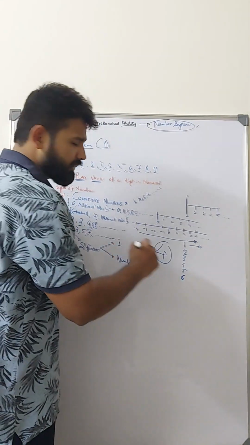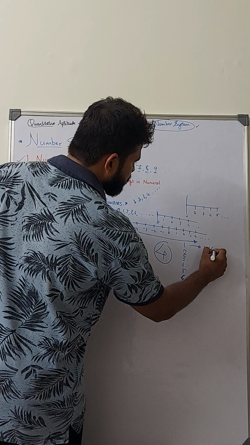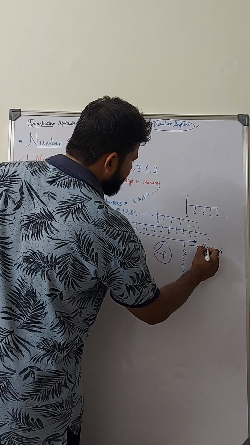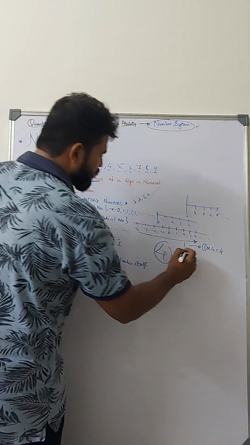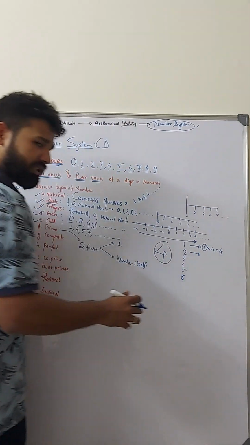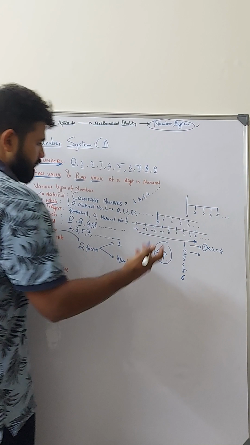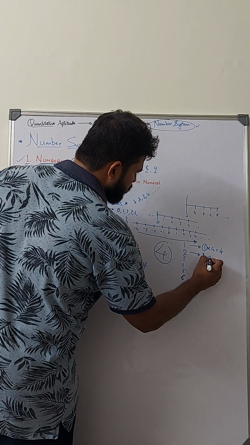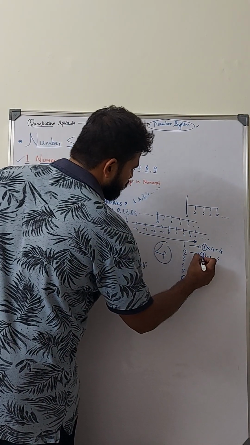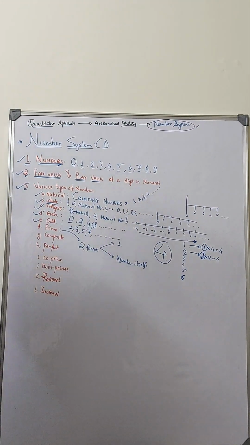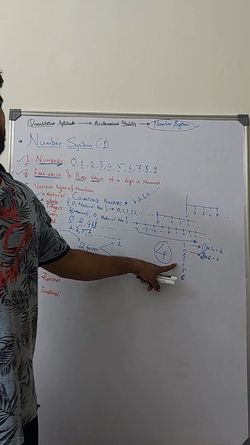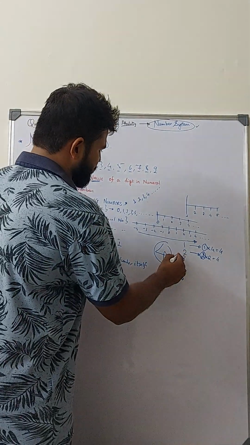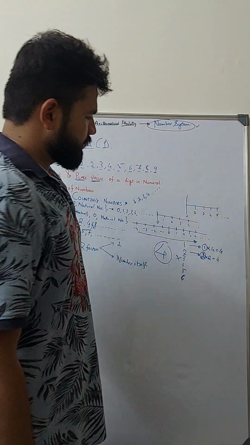True, 1 4s are 4, so 1 is its factor. The second is 2. In 2's table, does 4 come? Why not? 2 2s are 4. So 2 is also a factor. Similarly for 3, does 4 come in the table of 3? No.